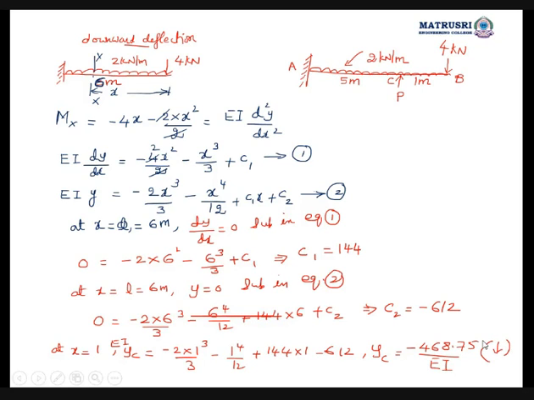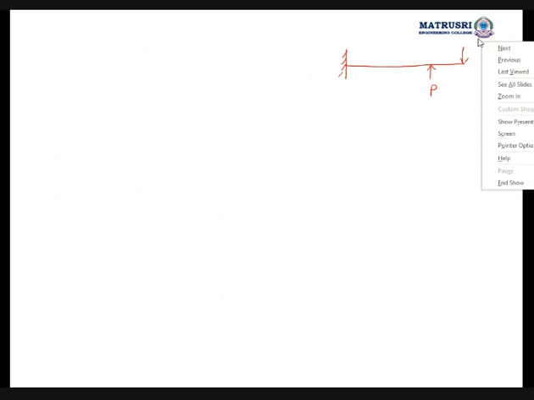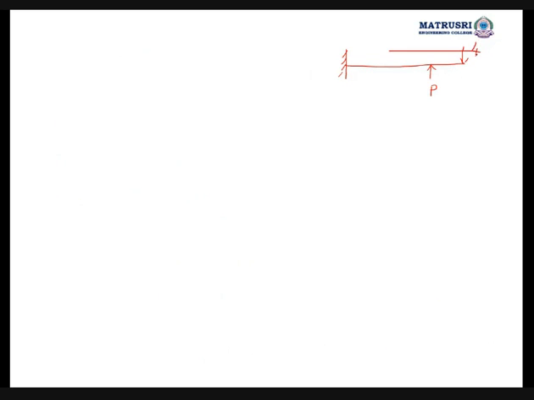Then if I go for upward deflection, so I'll draw once again the figure so that there should not be any confusion. I am drawing the figure once again. This is P. This is how much? 4 kilonewton. Okay, that is 4 kilonewton.